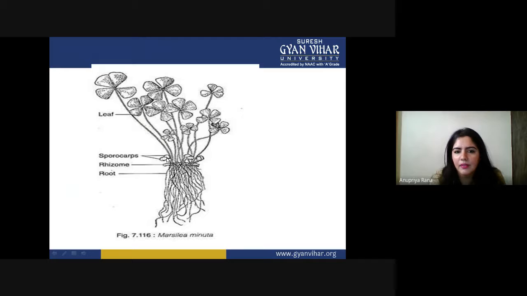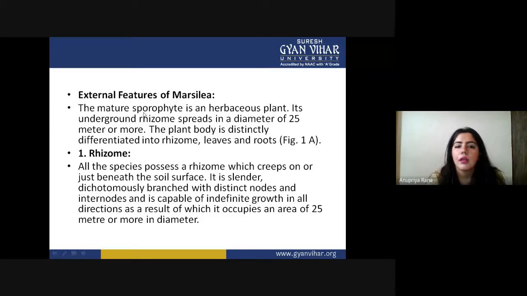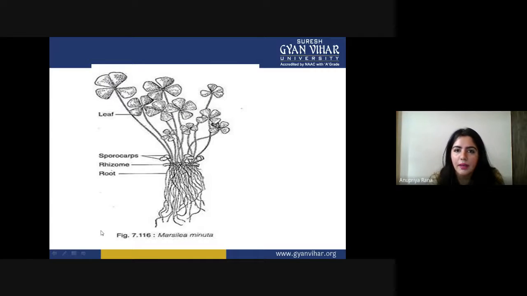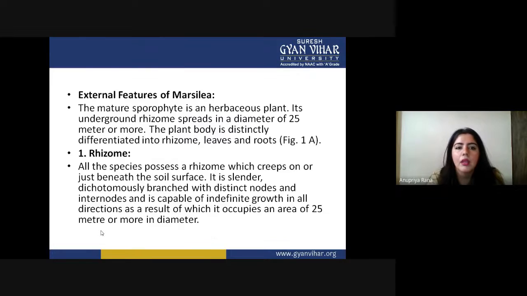You can see that they are very small, tiny structures which produce spores inside, and they are responsible for the reproduction of Marsilea. Now we are going to see the external features shown in this diagram, one by one.